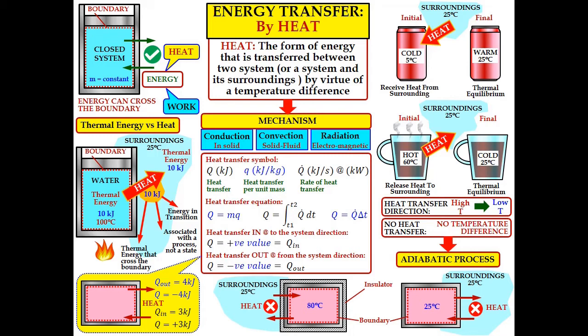In your analysis, you first put in your assumption, for example, that the heat transfer is Q out. When the actual value that you obtain for Q out is negative, that means your assumption is correct. But if the value of Q out is positive, that means your first assumption is wrong. The actual direction of the heat transfer is Q in, because if the value is positive, that's how you determine the direction of heat transfer.